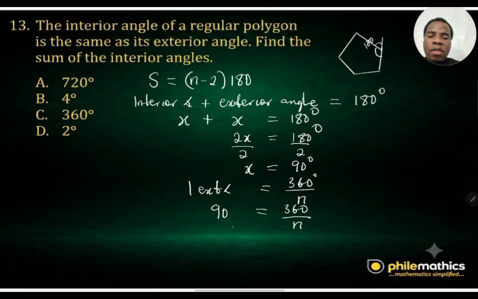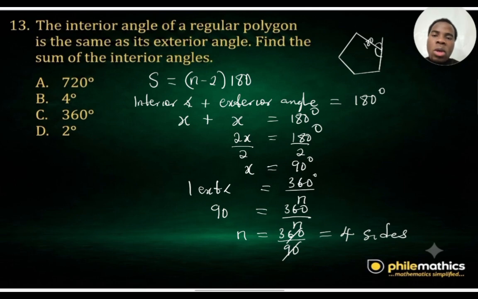If we divide both sides by 90 and take n to this place, we have that n is 360 over 90. This is simply 4 sides. So the number of sides for this regular polygon, in which the interior angle is the same as the exterior angle, is 4 sides.